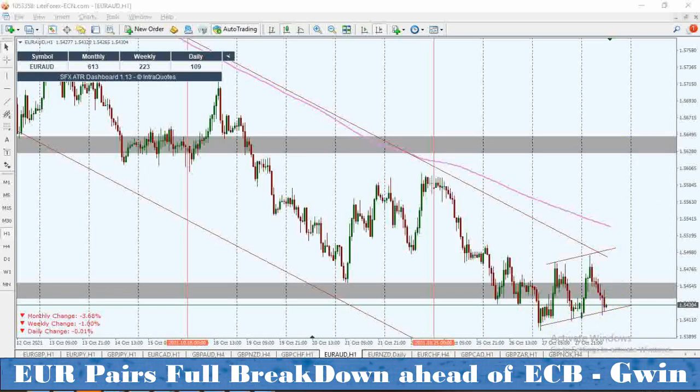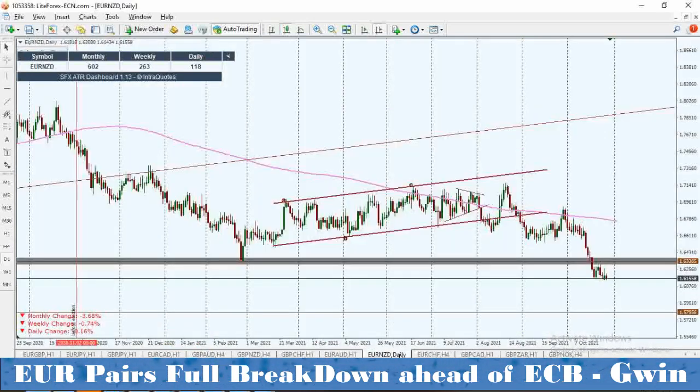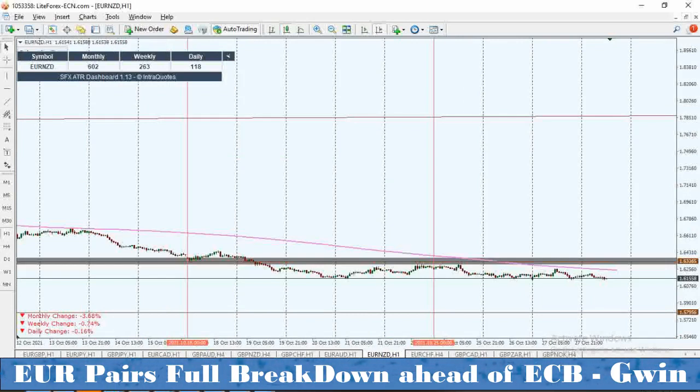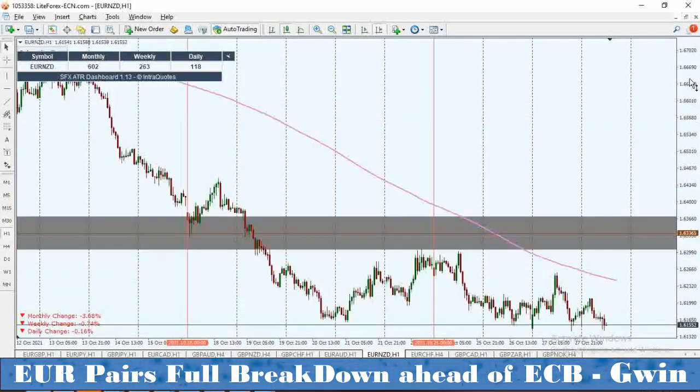Next, I'm going to be sharing with you the Euro NZD. Today I'm looking at a more bullish scenario with the euro, and the reason is that we've seen a surge in the inflation rate.